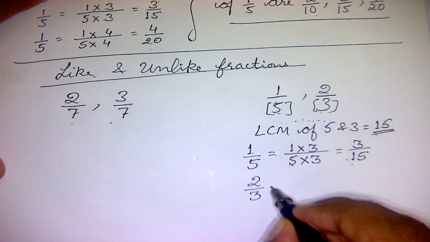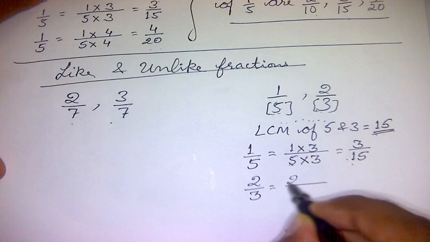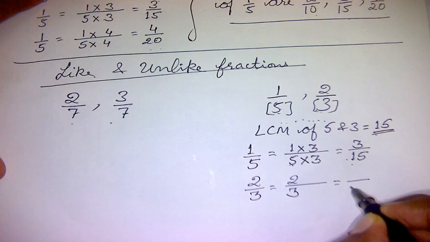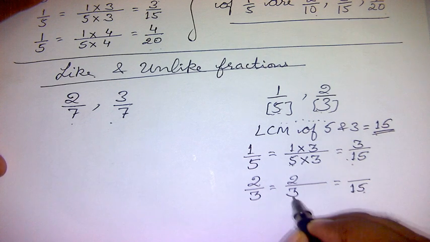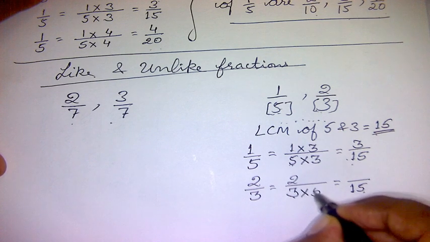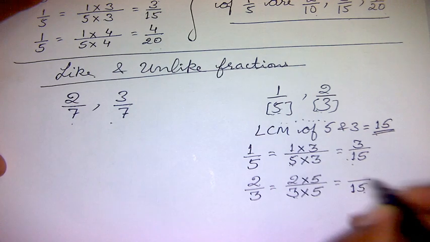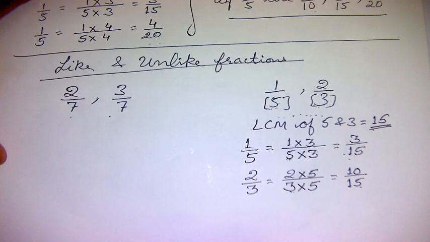Same you do with the second fraction, 2 upon 3. We will multiply 3 by that value so that the denominator becomes 15. How many times 3 is 15? It is 5 times. So we will multiply 3 by 5 and 2 also by 5, and you get 10 upon 15.